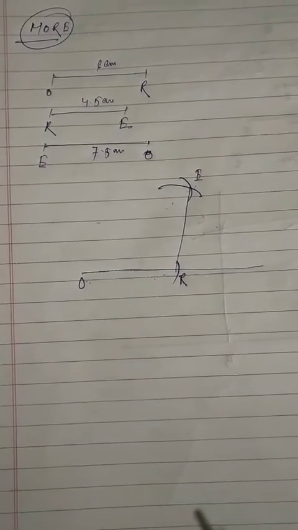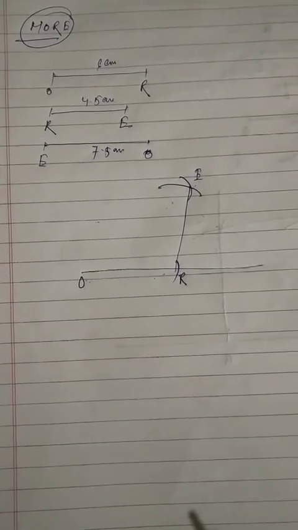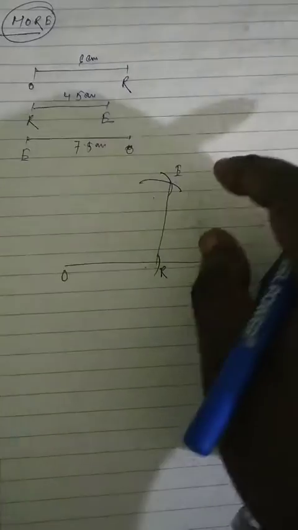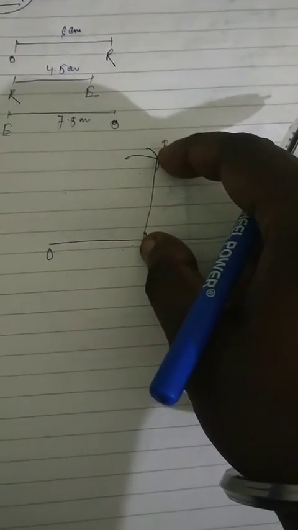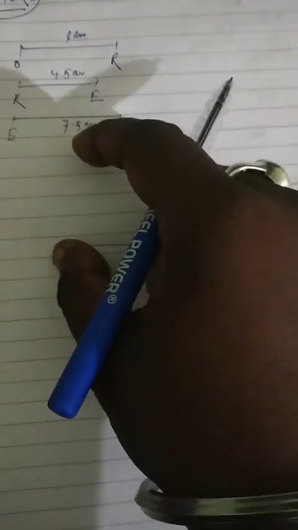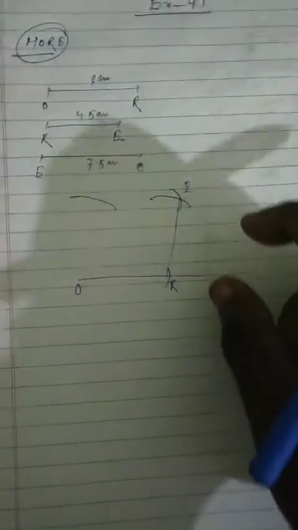So from O, I'll draw a parallel line to RE. I'll measure RE with compass, place it at O and give one arc.